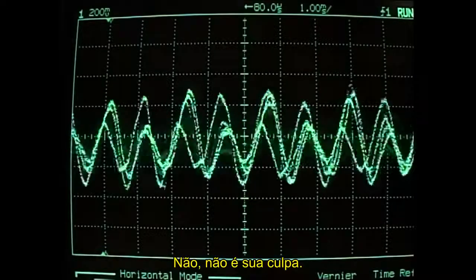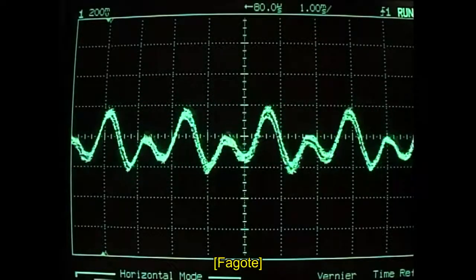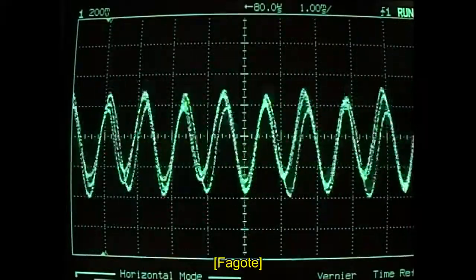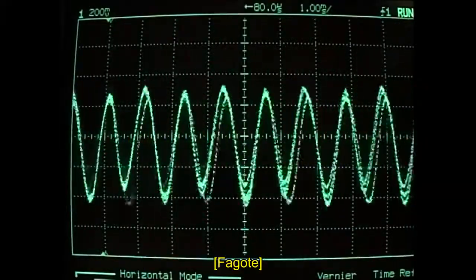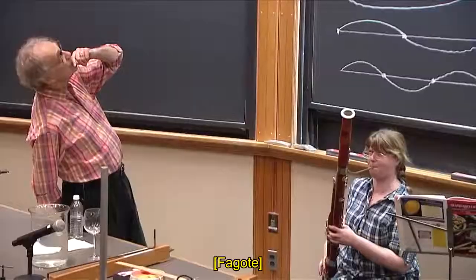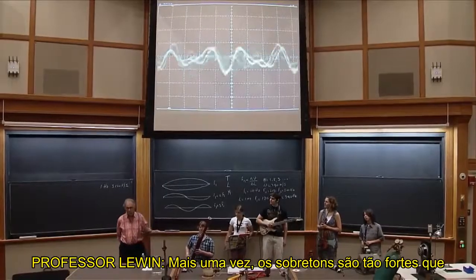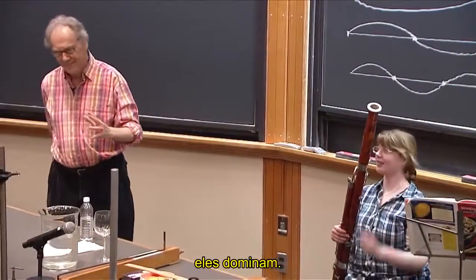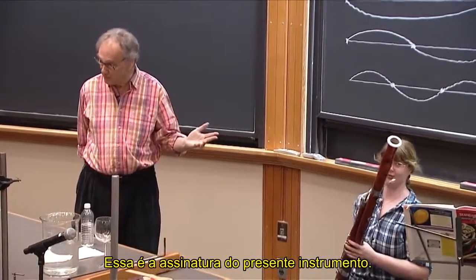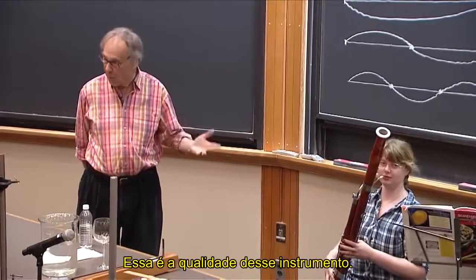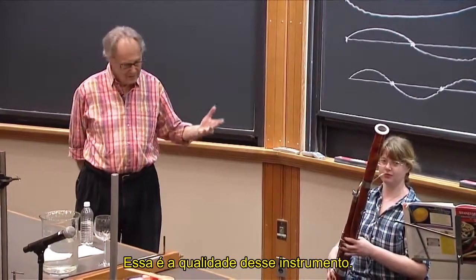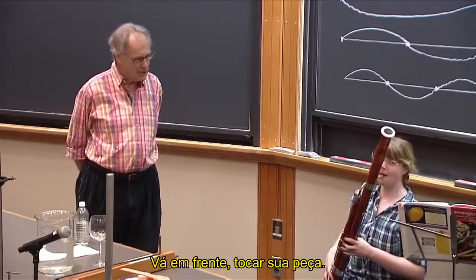Oh, no, it's not your fault. Again, the overtones are so strong that they dominate. That's the signature of this instrument. That's the quality of that instrument. Go ahead, play your piece.